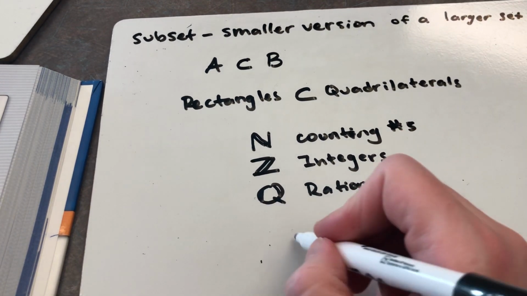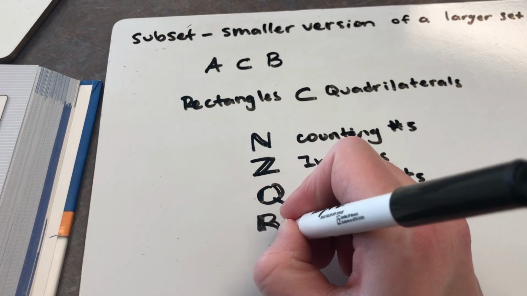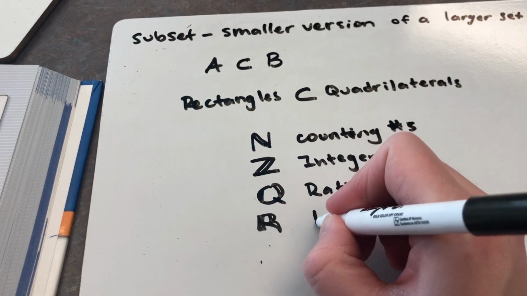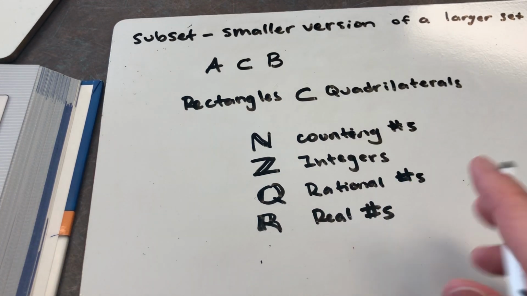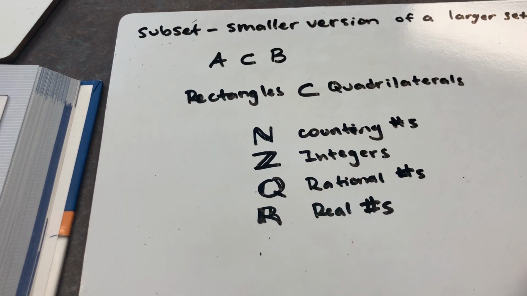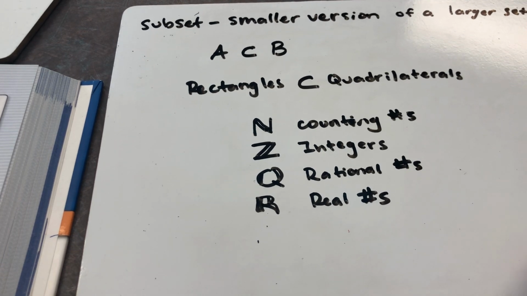And they have a funky looking R, which stands for real numbers. And so we're going to use Venn diagrams, and you will get some practice with these on ALEKS, to illustrate relationships among sets.